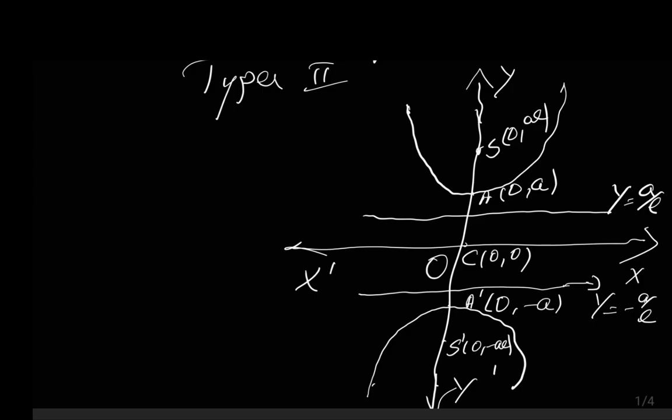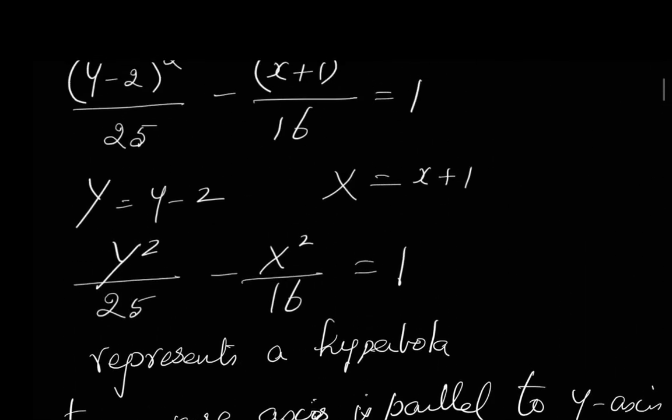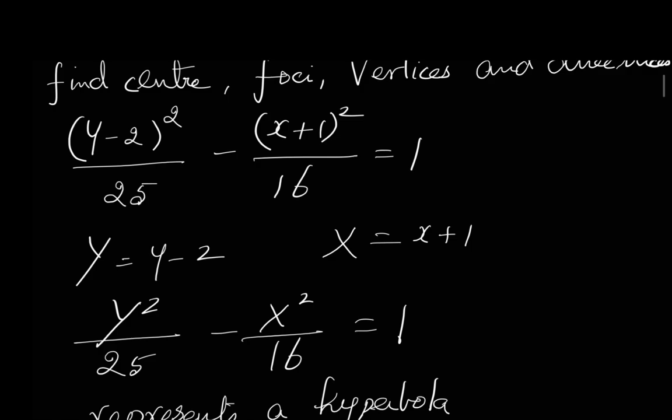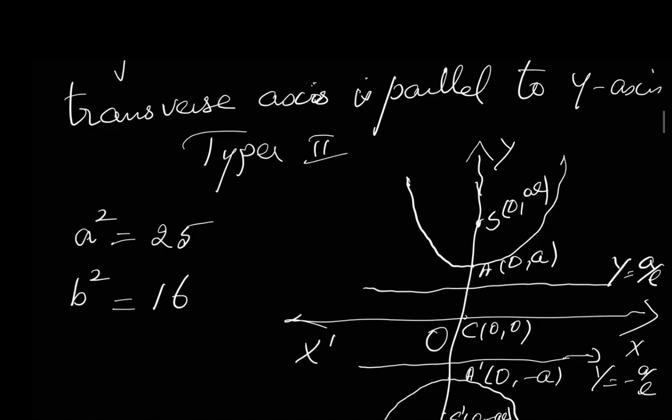So this is a hyperbola question here. So A squared, you will get here 25 and B squared value is 16. A squared is the denominator of y and B squared the denominator of x, here 16.